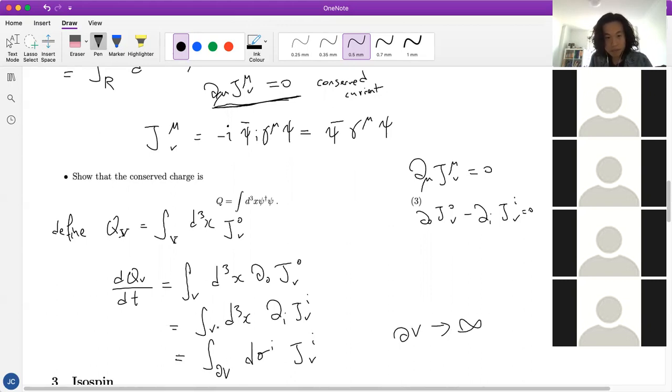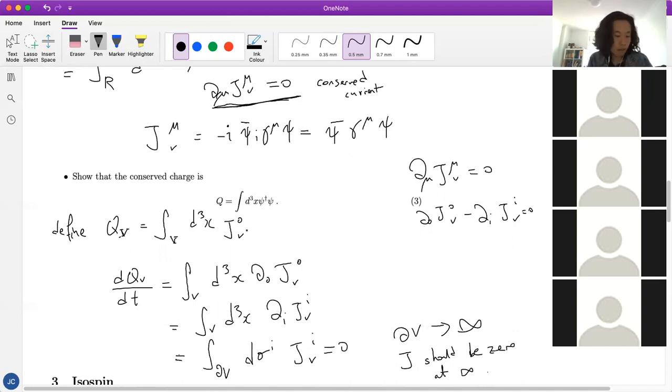This volume could be arbitrarily large. I can take this boundary to infinity, and at infinity your current should vanish, should be 0. So therefore, this term goes to 0, and you can see that the charge is conserved.